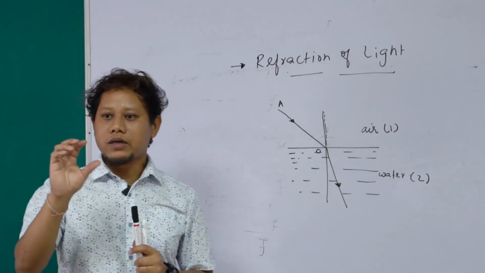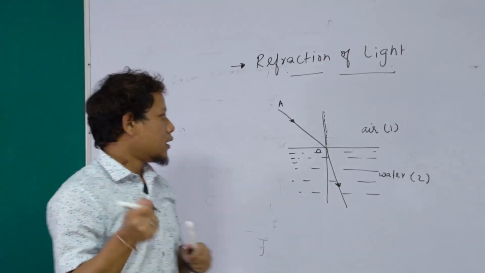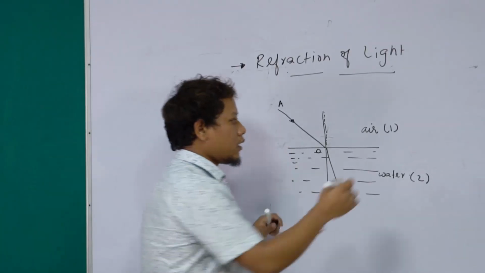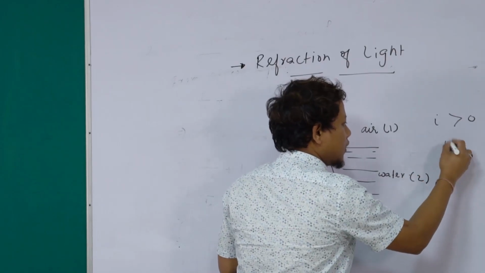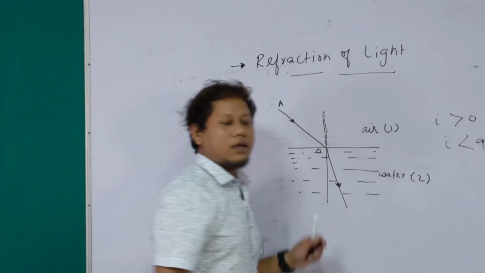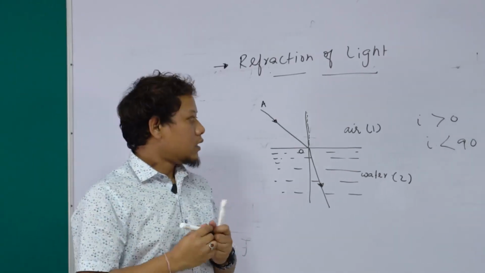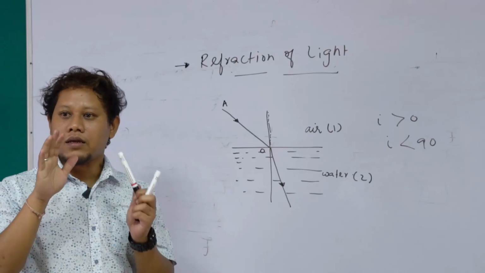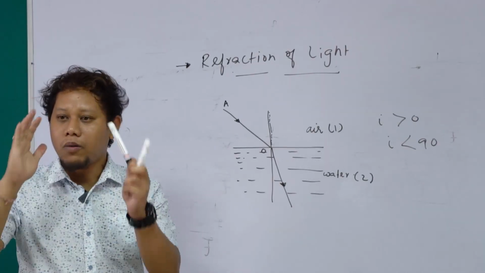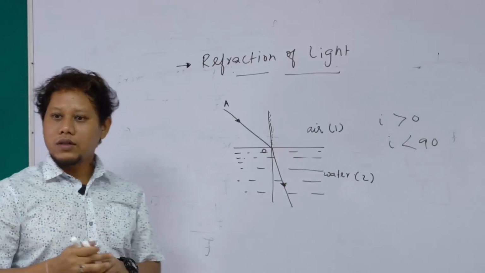I use the word obliquely. Obliquely means the angle of incidence may be greater than 0, but it's always less than 90 degrees. So we can say the angle of incidence will lie between 0 to 90 degrees when I mention the word obliquely. I hope you got this.